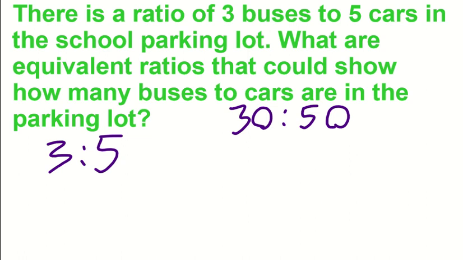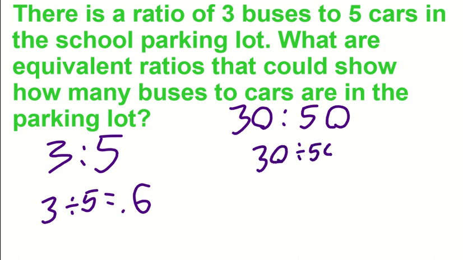The one way is you can do 3 divided by 5. 3 divided by 5 gives you 0.6, okay? If you do similar idea here, 30 divided by 50, guess what that gives you? Also 0.6. That means they're equivalent, okay? So that's one way.